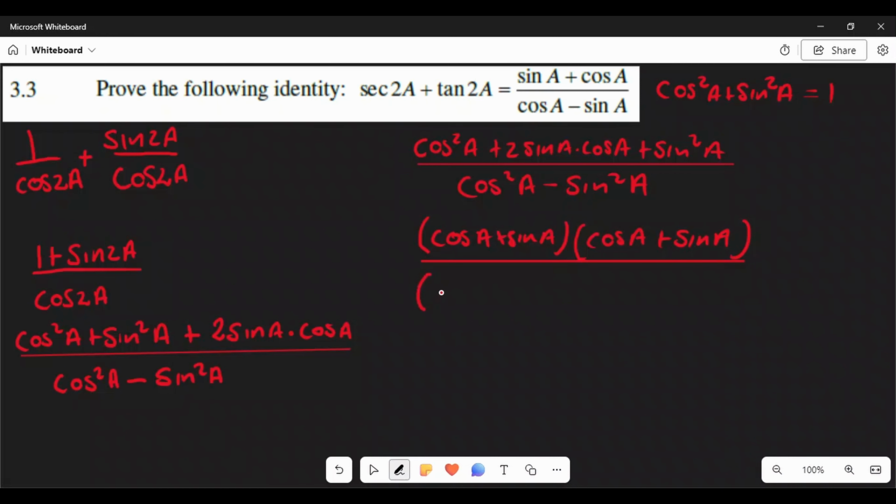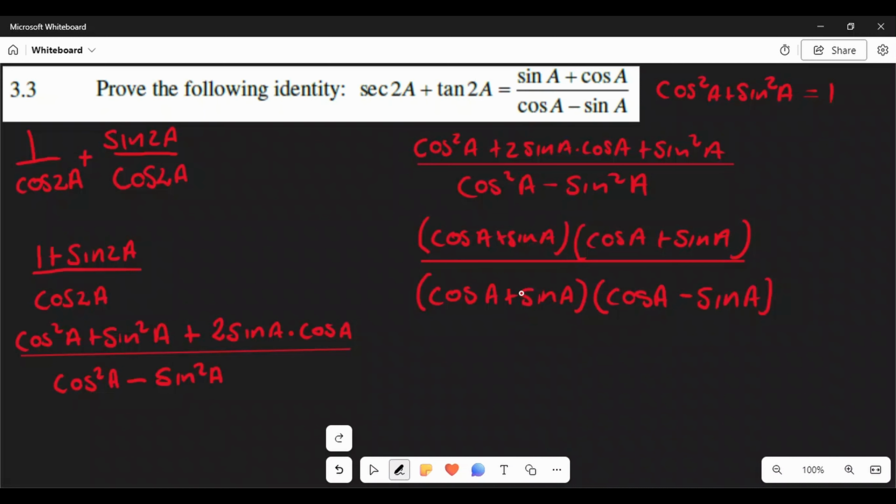So let's do the difference of 2 squares. We have cos a plus sine a, and then the second bracket is going to be cos a minus sine a. By the way, this is the difference of 2 squares, guys.